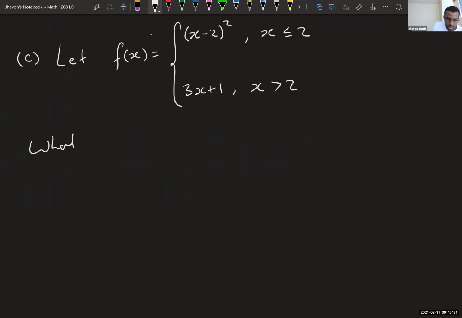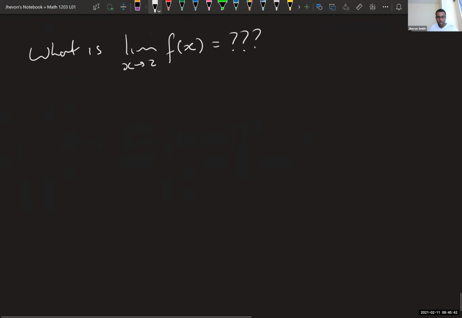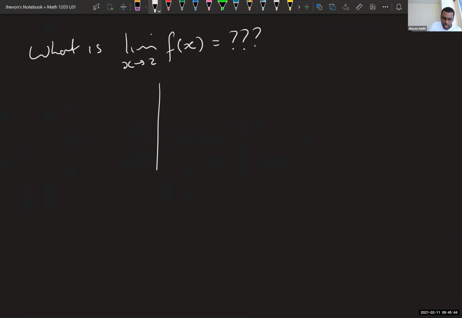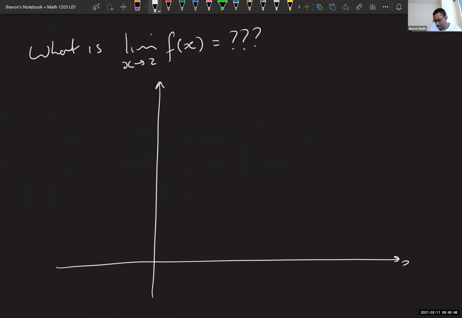What is the limit as x approaches 2 of this function, f of x? Now, since we're almost out of time, I'm just going to sketch it for you guys. Hopefully you remember how to sketch piecewise functions.